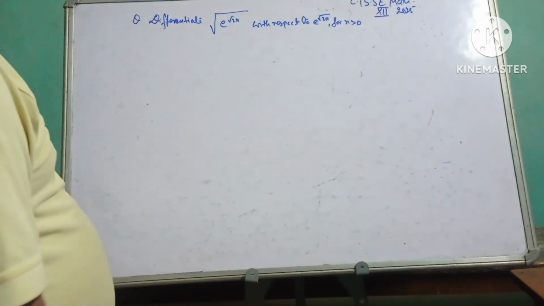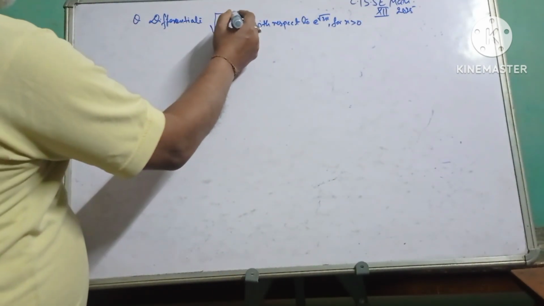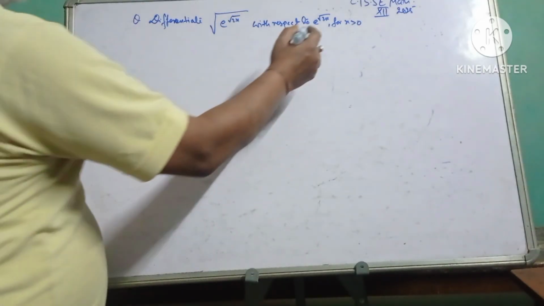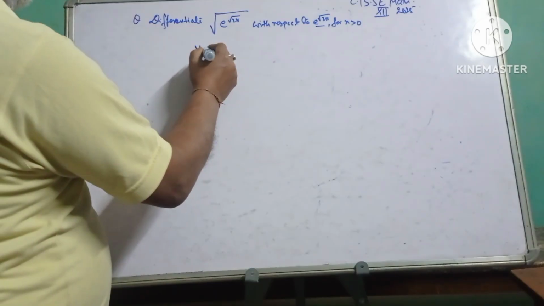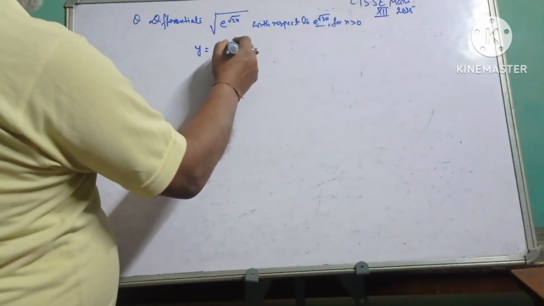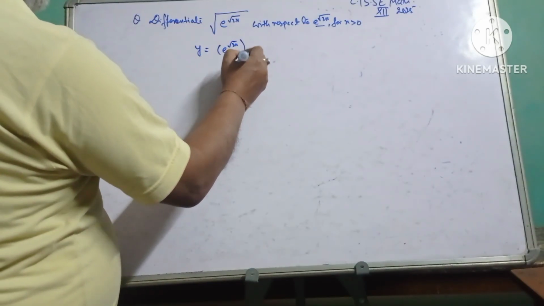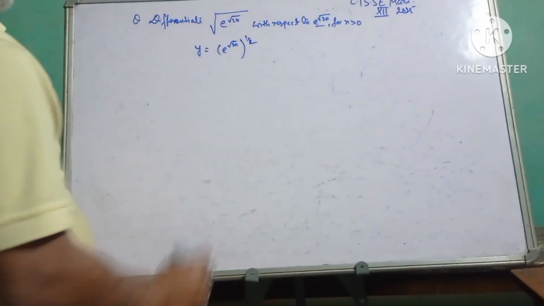Now my next question is, differentiate this with respect to this. So y, you have to differentiate it. This is e to the power of root 2x, to the whole power half.